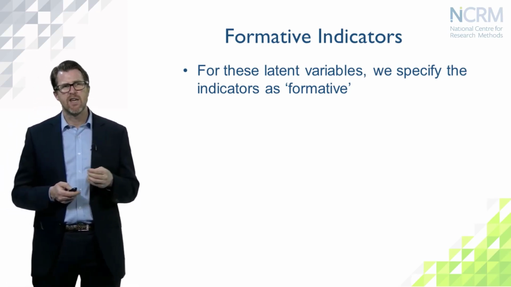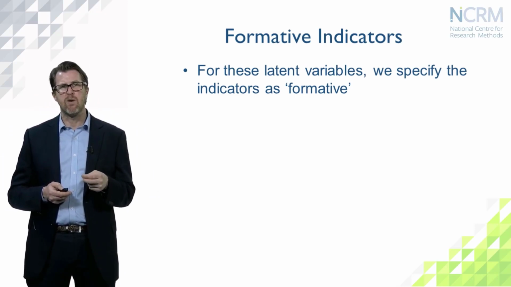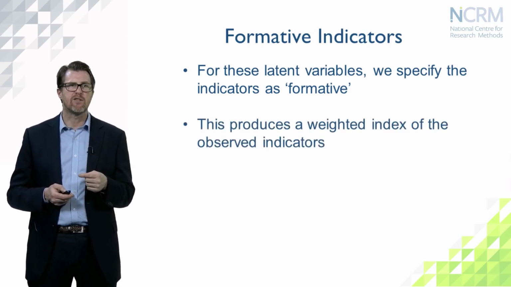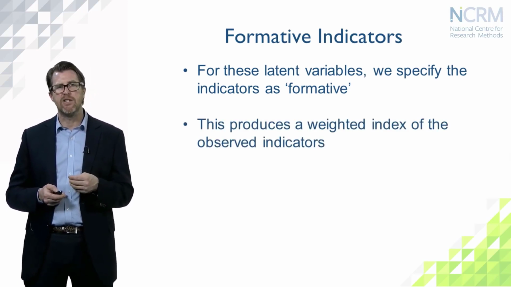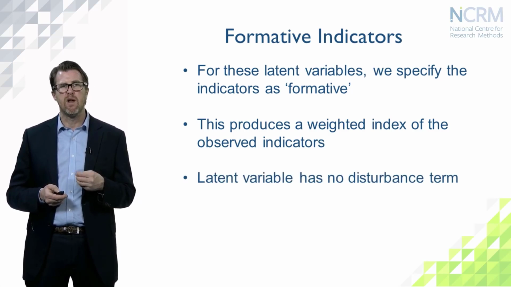As I said, it's a different sort of latent variable now that we're dealing with. It's essentially a weighted index of the observed indicators, and it doesn't have a disturbance term. There's no error in it. So it's not the same kind of variable as we would have with a reflective indicator.